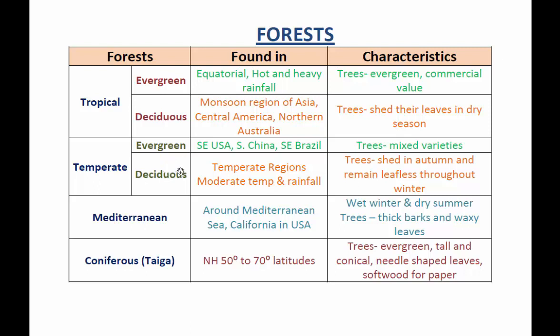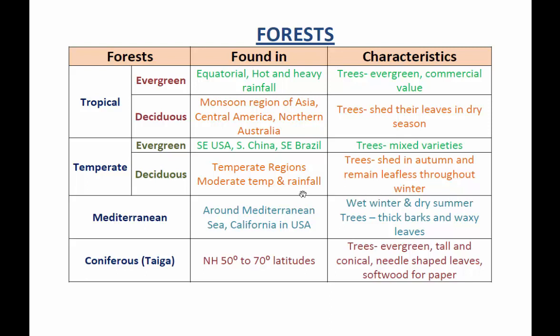Temperate deciduous forest. So one of the basic differences between temperate deciduous forest and tropical deciduous forest is that tropical deciduous forests shed their leaves in dry seasons like February, March and April, whereas the temperate deciduous forests shed their leaves in autumn and remain leafless throughout the winter season.